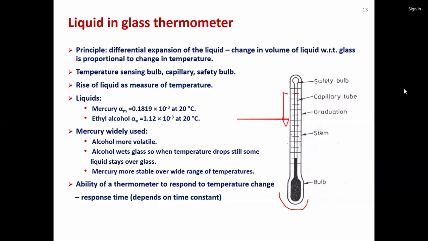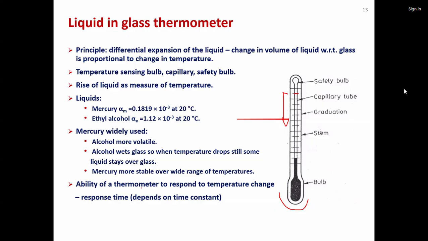Okay. And the last reason is that mercury is very stable over a wide range of temperature. That is why we typically use mercury, not alcohol.